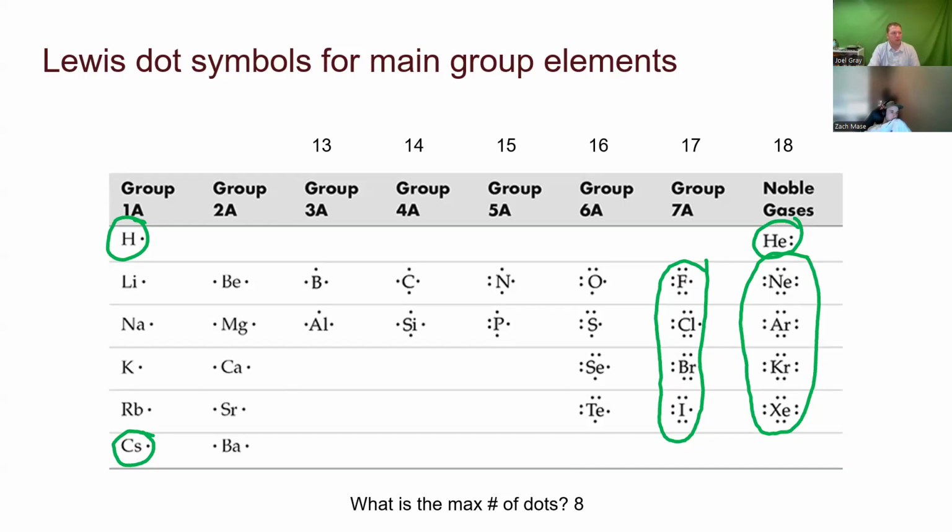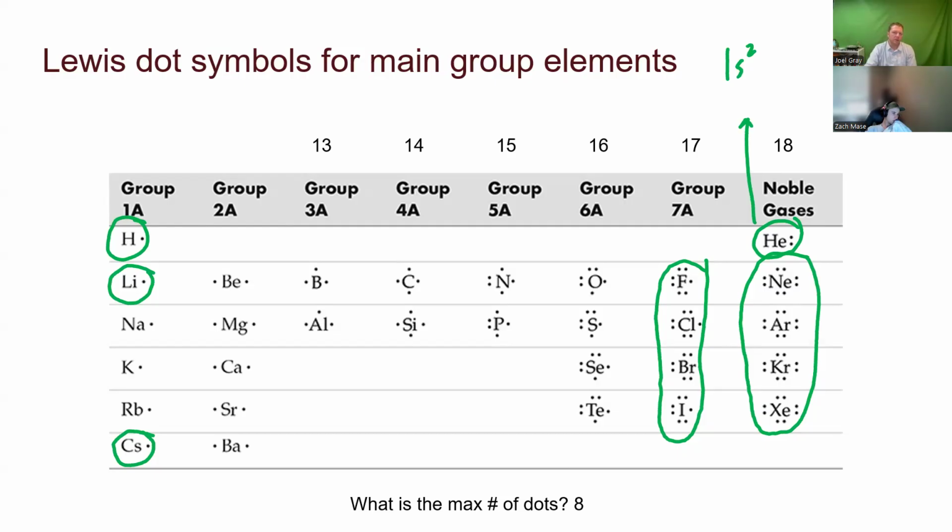Now, that's because let's think about the electron configuration of helium. 1s2. Helium has a 1s2 electron configuration, and it's happy as a clam. Lithium, well, it has one valence electron.